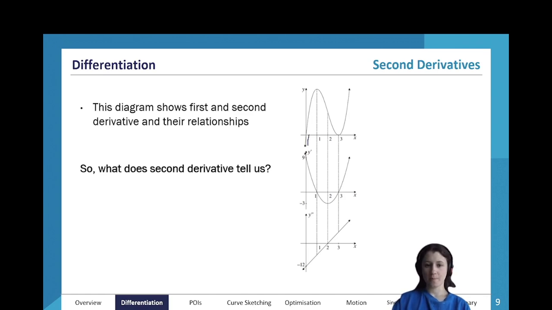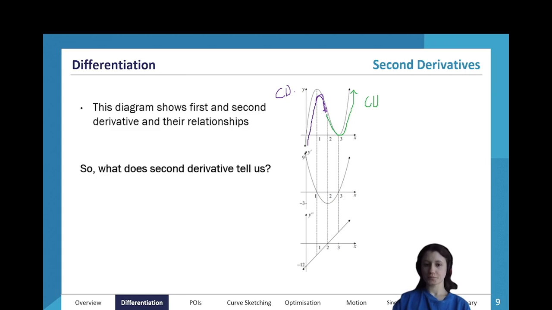Here, our curve is concave down, right? And here, our curve is concave up.